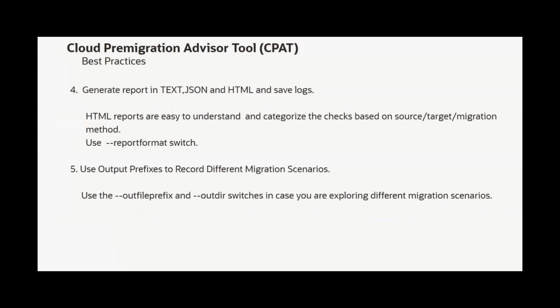You may not need the JSON report, however, it is recommended to generate it since Oracle support will require JSON output and also the logs in case of any issues. I would say it is better to generate HTML reports also since I find it very easy to navigate and understand using HTML reports. However, keep in mind that HTML is still in beta phase, so it is on an experimental basis and is not currently released.